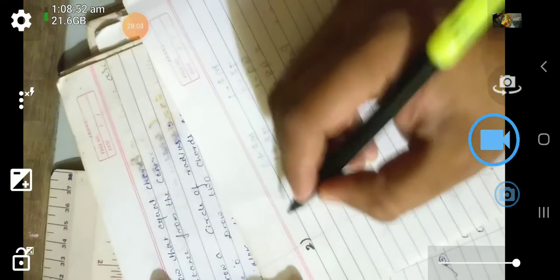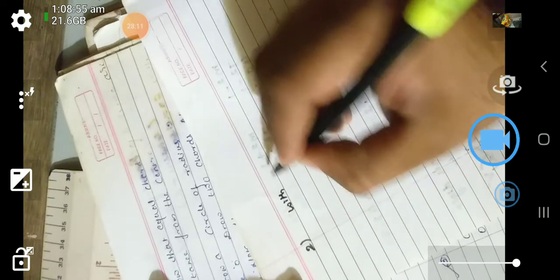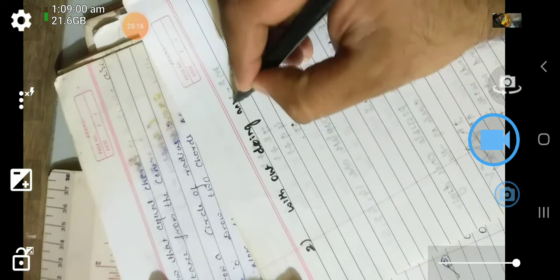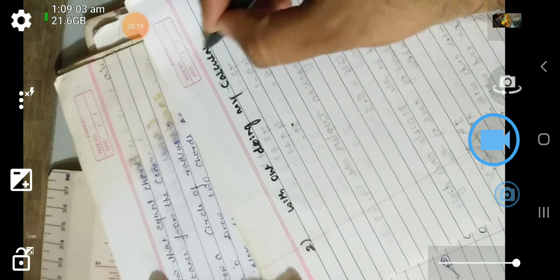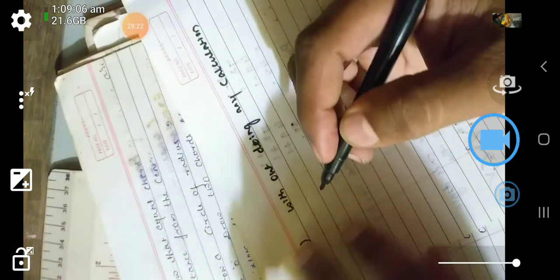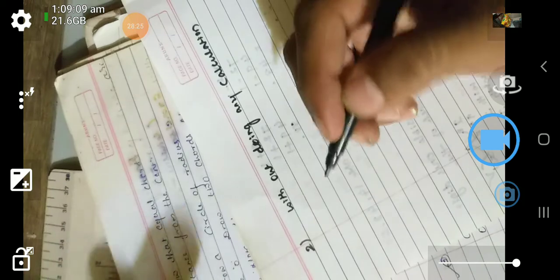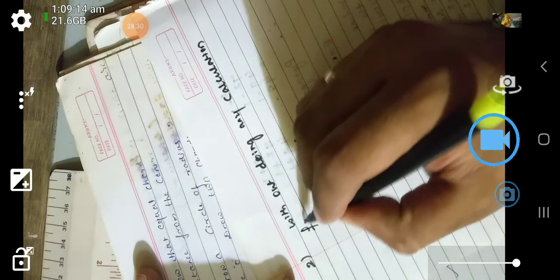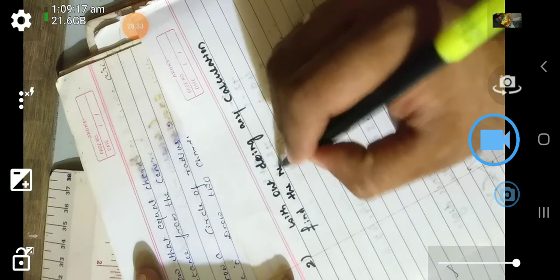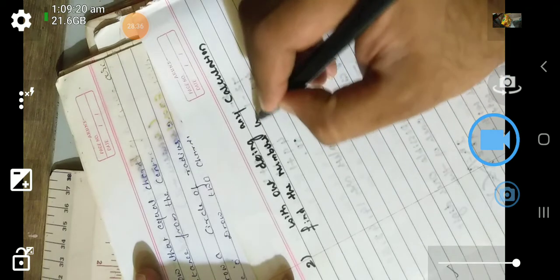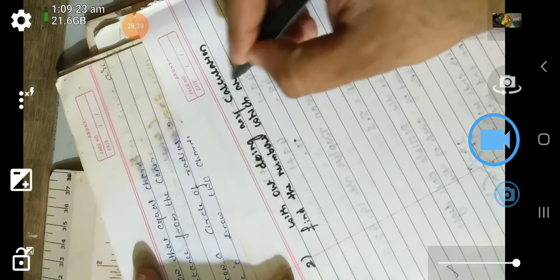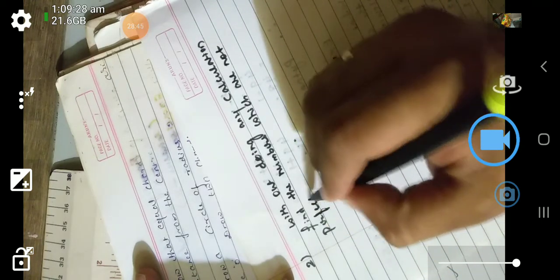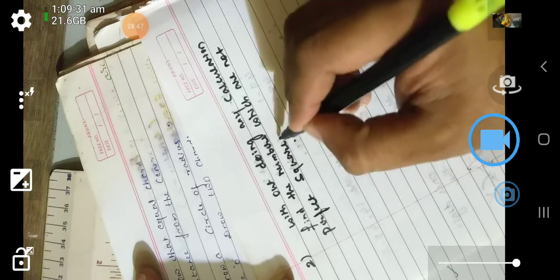The question is, without doing any calculation, find the numbers which are not perfect squares.